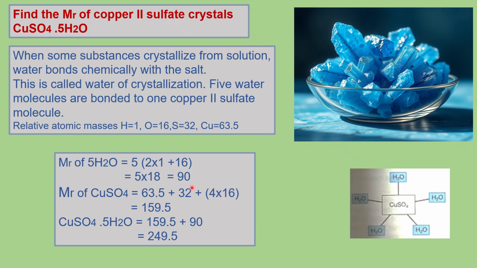Now add both of them, 90 plus 159.5, and the answer is the crystal copper sulfate plus 5 water molecules has a relative formula mass of 249.5.